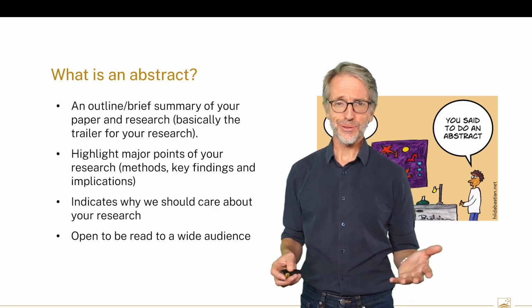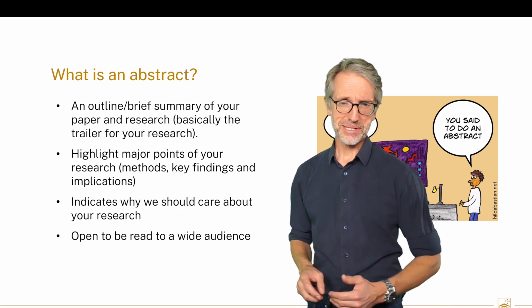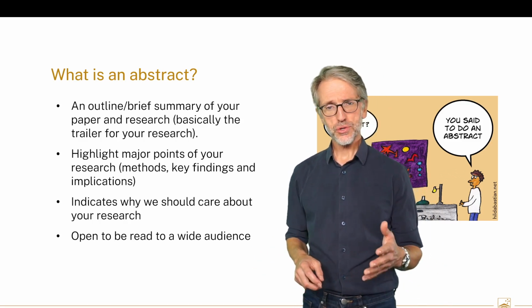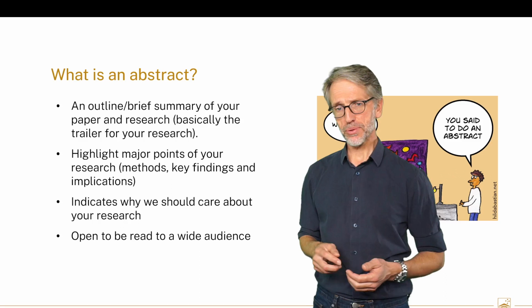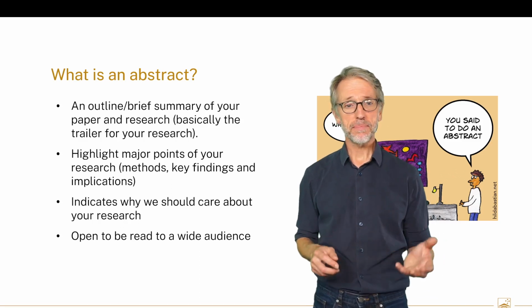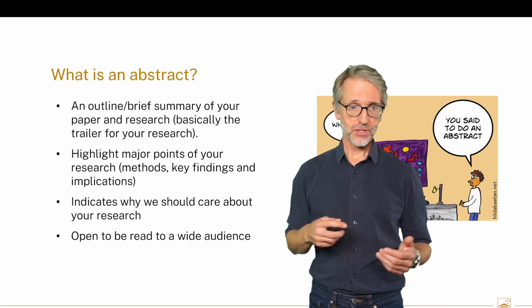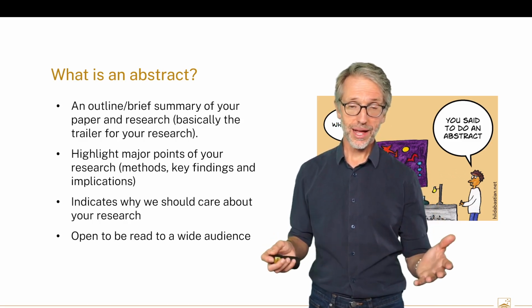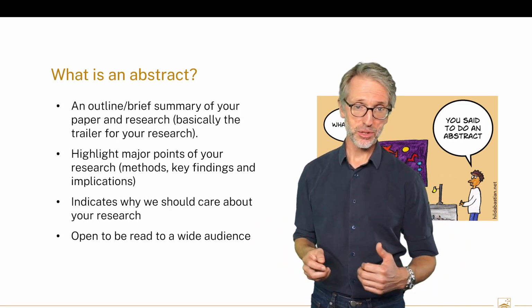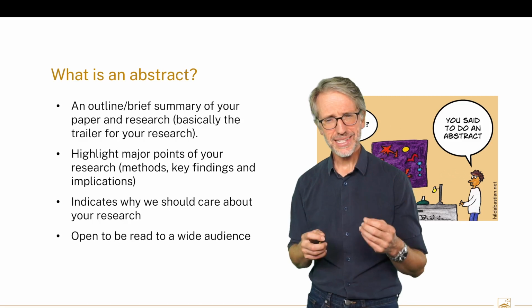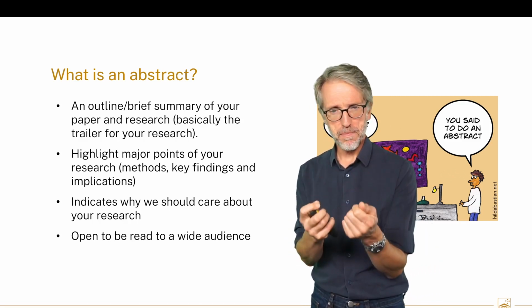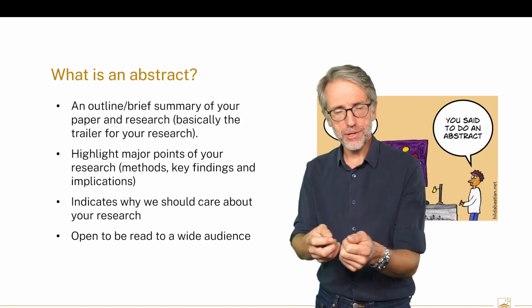Now, an abstract should not do that. It shouldn't include elements that are not present in the paper, but it also shouldn't skate over very important components that are covered by the paper. So an abstract should highlight the major points. That is, it needs to bring out that major issue, the theoretical framework.